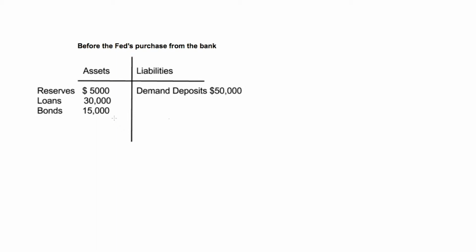We can see that on a $50,000 demand deposit, $5,000 in reserves means that the reserve requirement must be 10%. All right, so this bank has loans, it has bonds, as well as the demand deposits that are considered liabilities. Remember, we said that that is what is owed by a bank.